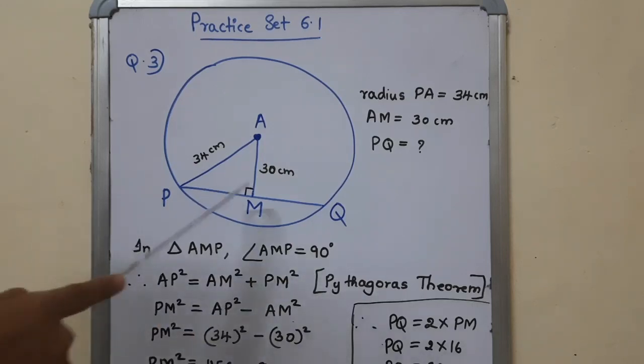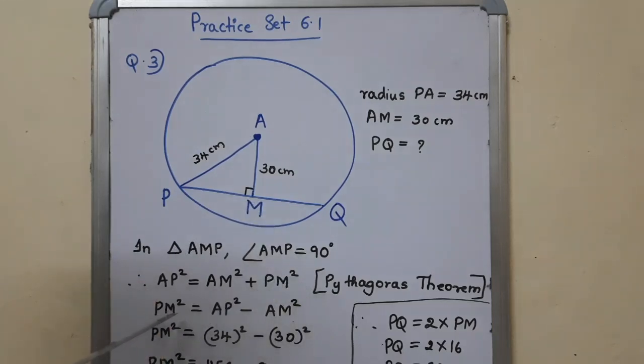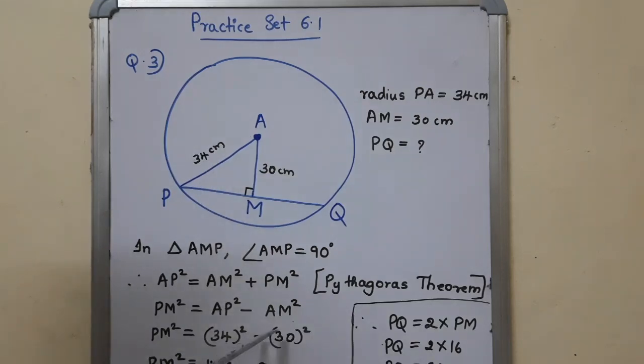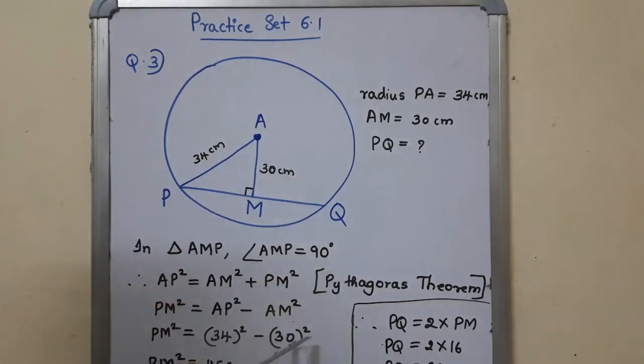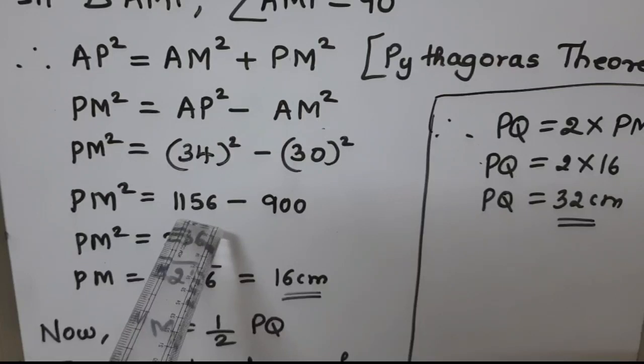Now we have to find PM, right? Therefore PM square will come here. PM square is equal to AP square minus AM square. PM square is equal to AP square. AP is 34 centimeter, 34 square, minus AM square. AM is 30 centimeter, so 30 square. 34 square is 1156.